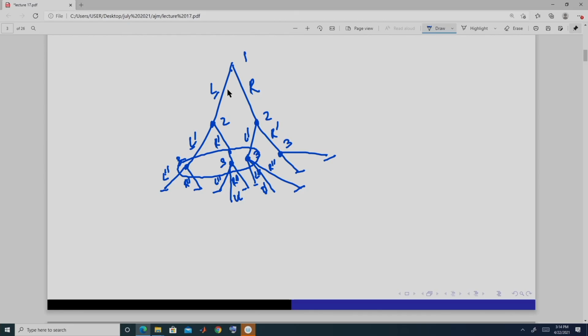But if player 3 can choose only from these two actions, then it knows it is in this node.